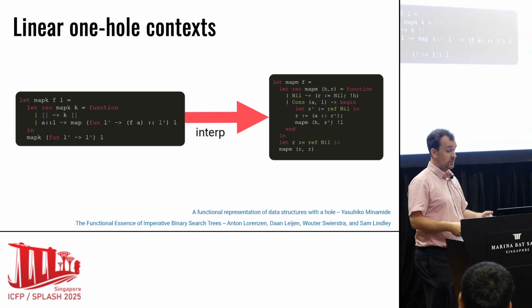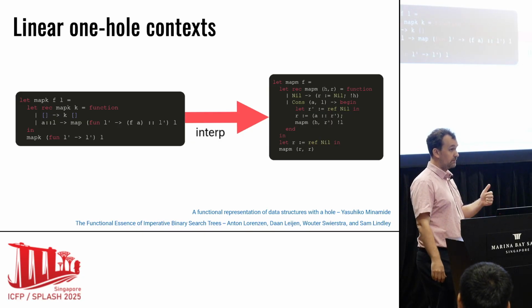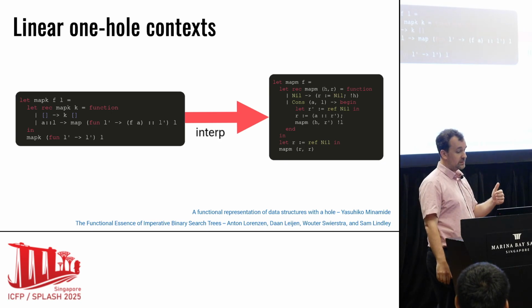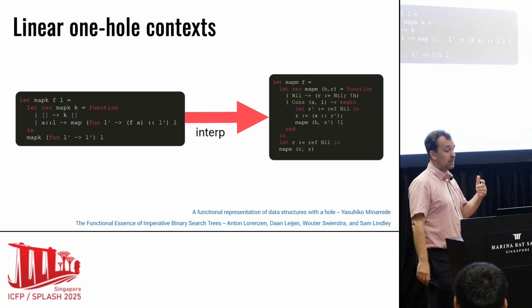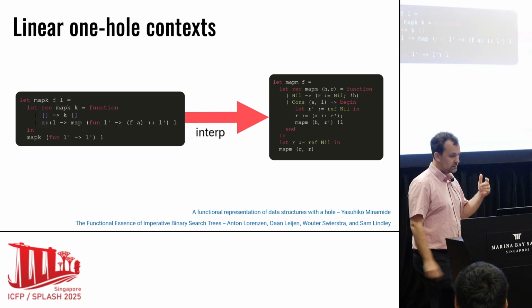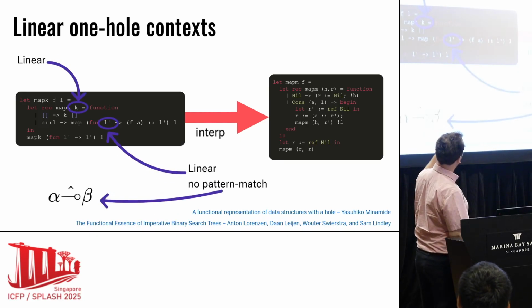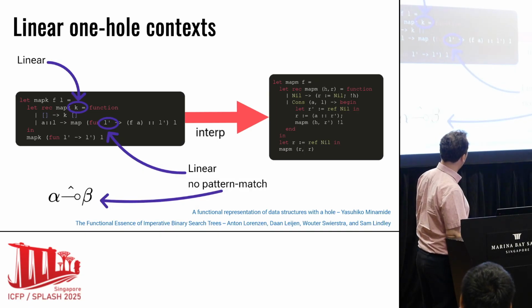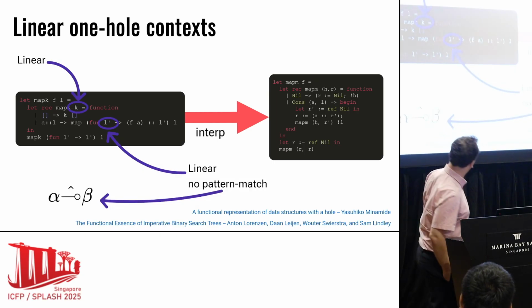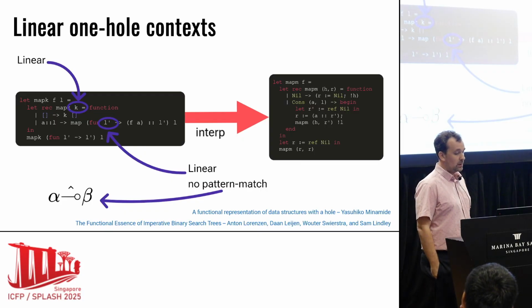For one thing, the continuation is used linearly. And then there's another observation, I should probably just point it out directly, that it doesn't actually pattern match on L prime. You can read L prime? Yeah, you can. Okay, great.